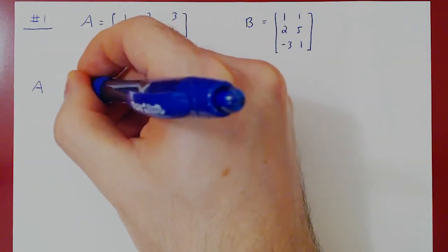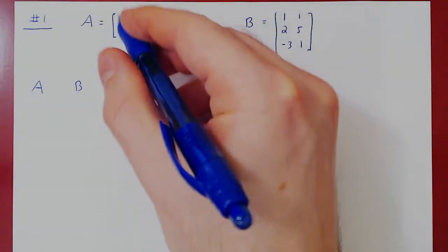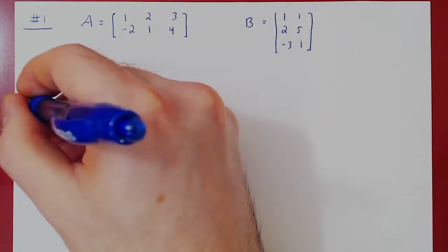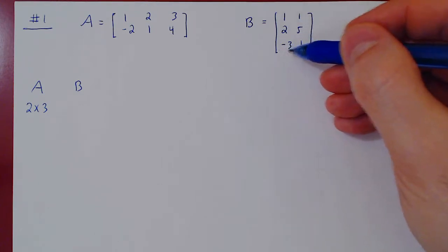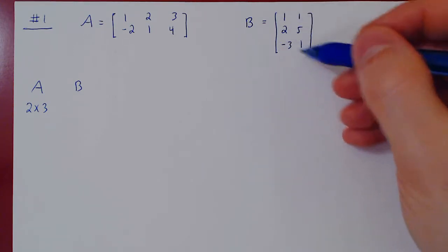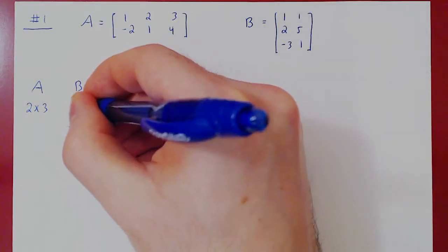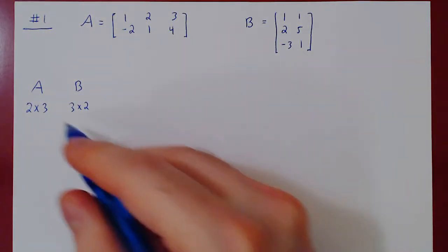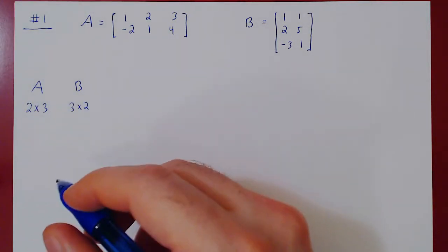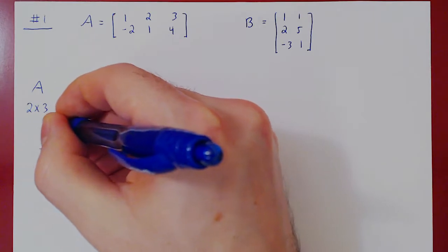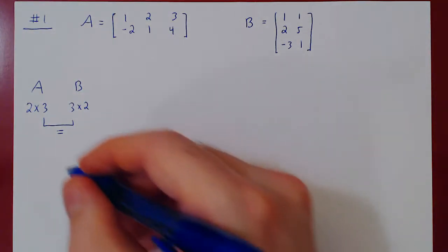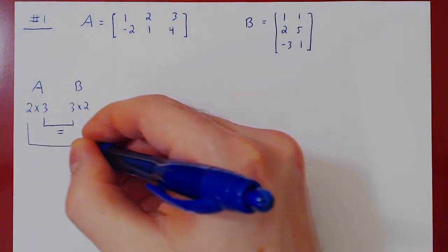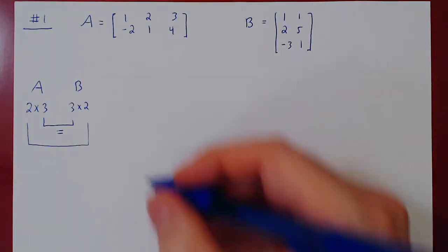A times B. Well, A is a 2 by 3 matrix, 2 rows by 3 columns. B is a 3 by 2 matrix, 3 rows, 2 columns. So the first question is, can we multiply A with B? Well, the answer is yes, right? 3 equals 3. So we're good. And the new matrix will actually be a 2 by 2 matrix.